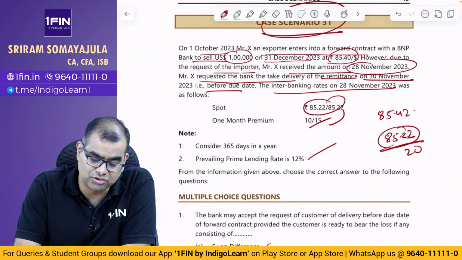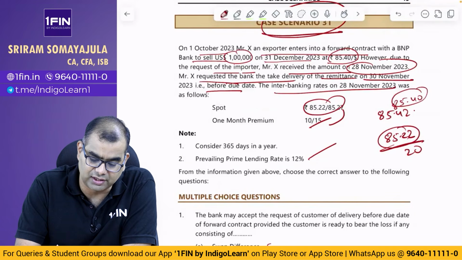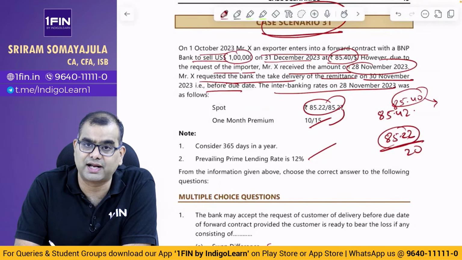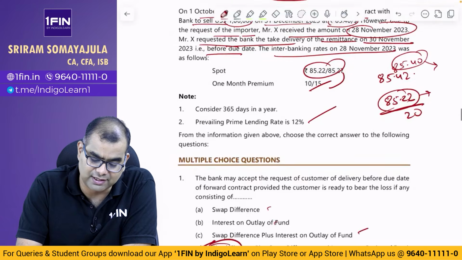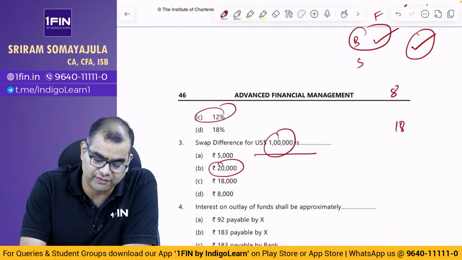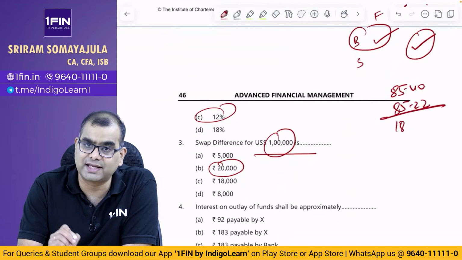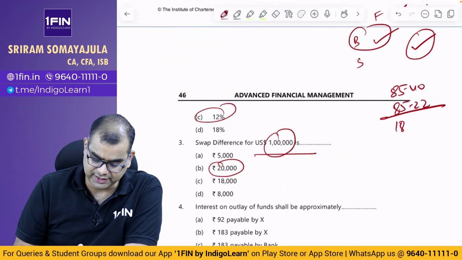On that day, they have also made a purchase at 85.40. That's an outflow transaction, on which there is an INR outflow, and they sold it off in the market at 85.22. So they purchased at 85.4 and sold at 85.22, an 18 paisa excess outflow. This 18 paisa on 1 lakh is 18,000.